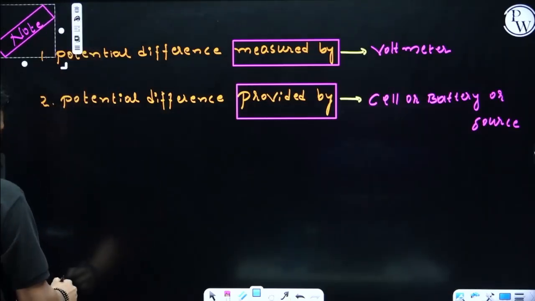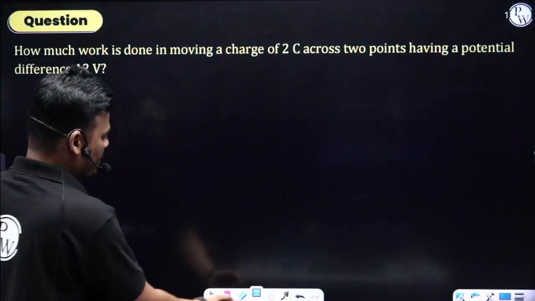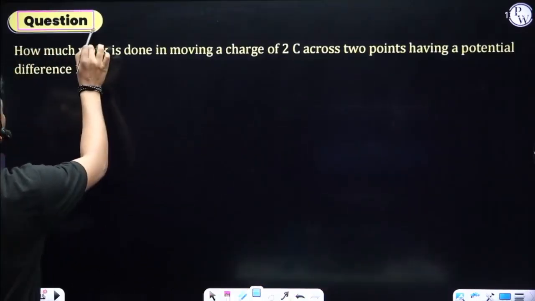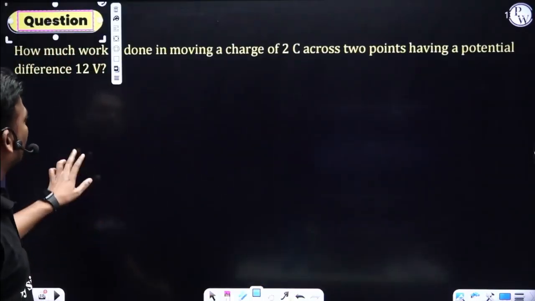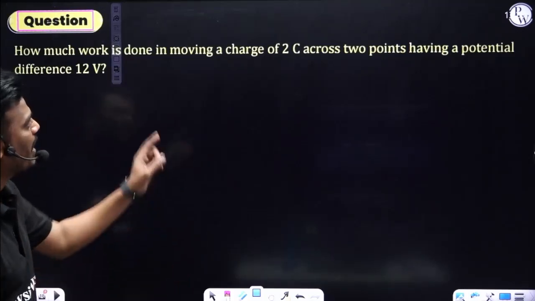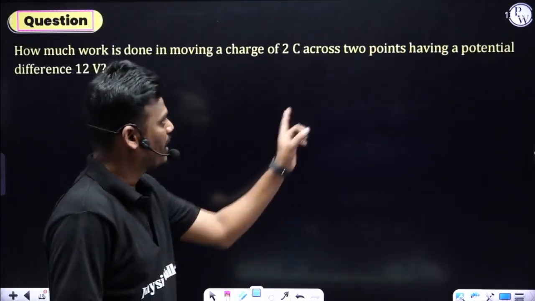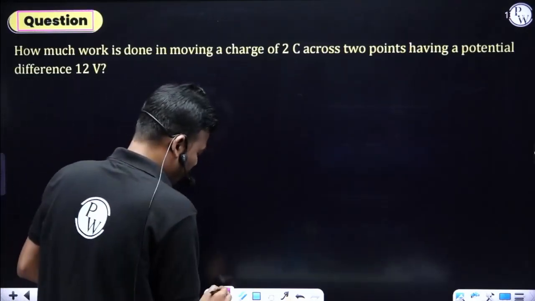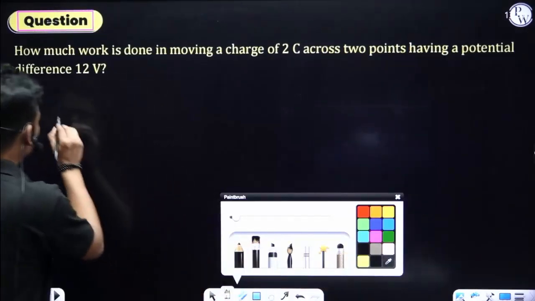Clear? Now, let's move on to the question part. NCERT question: how much work is done moving a charge of 2 coulomb across 2 points having a potential difference of 12 volt? First, you need to write down the data.